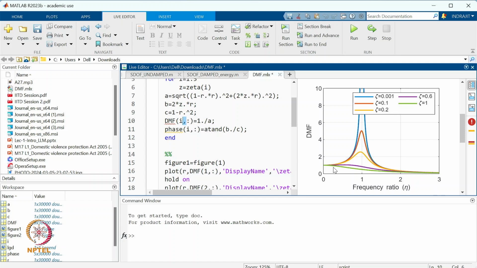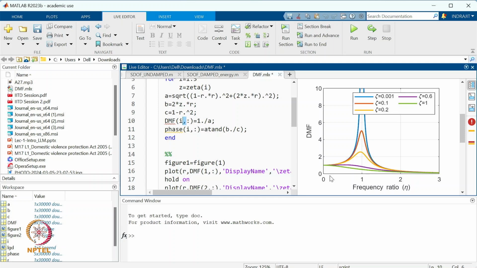Previously that peak point starts getting shifted to the lower frequency side. It is no longer at that 1 point because it starts moving to the lower frequency side as the damping increases. That type of shift you can see.